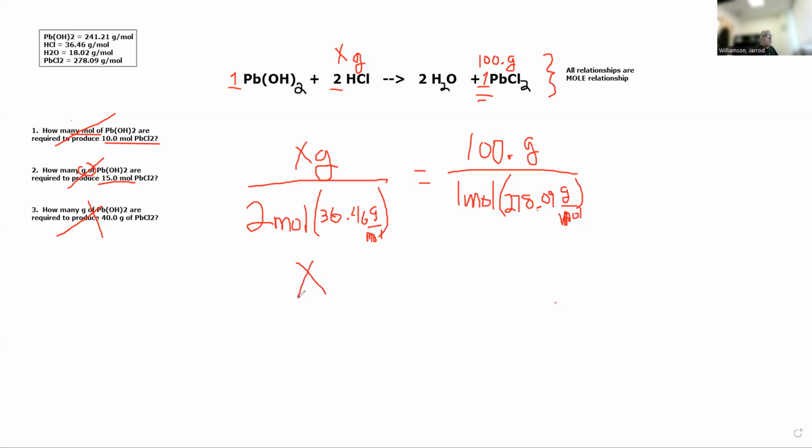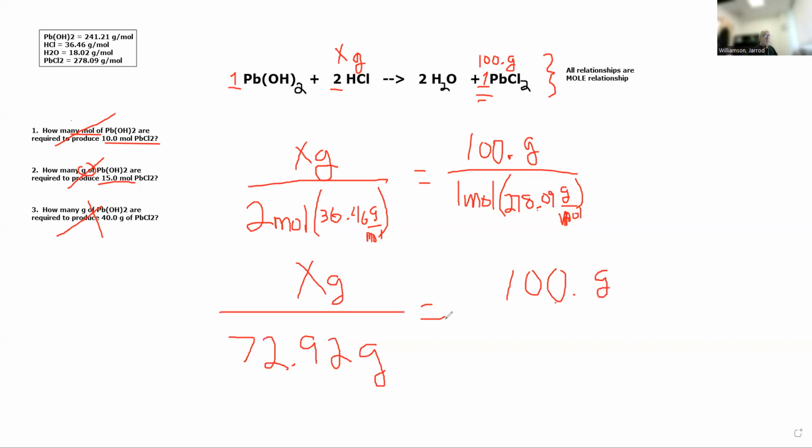So I'm going to have X grams times 72.92 grams is equal to 100 grams, because these moles cancel, these moles cancel, these moles cancel. Then 278.09, 1 times that, 278.09 grams. I'm going to cancel these grams with these grams.